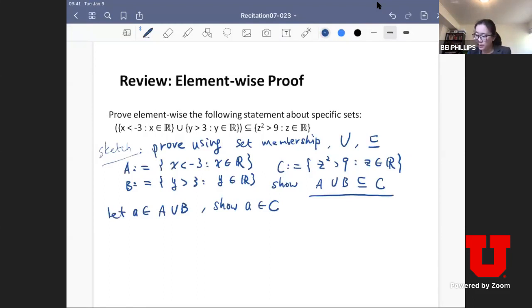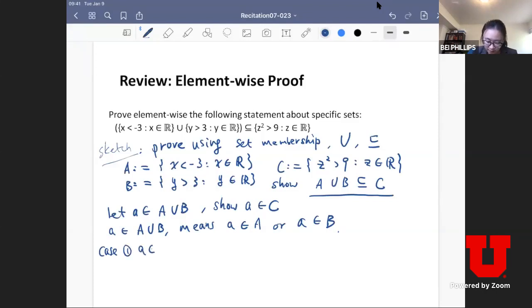But of course, if a belongs to A union B, this means a is in A or a is in B. So the first thing that comes to my mind is I'm going to prove by cases. Case 1, a is in A, and case 2, a is in B.